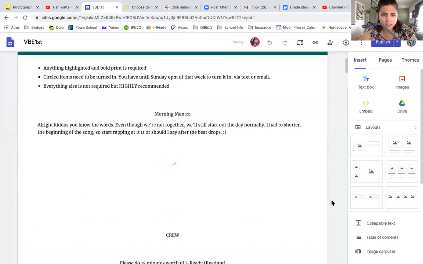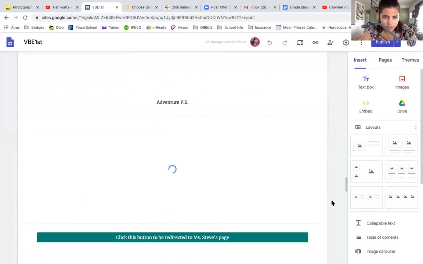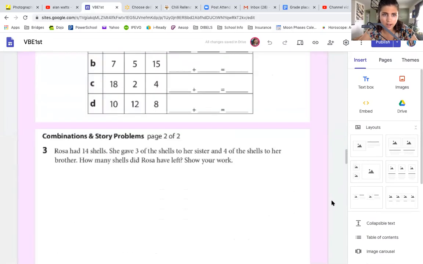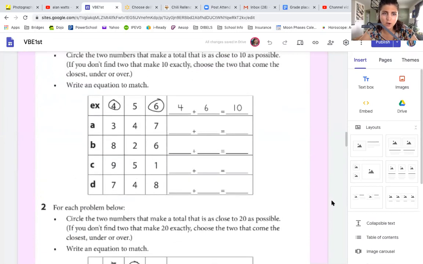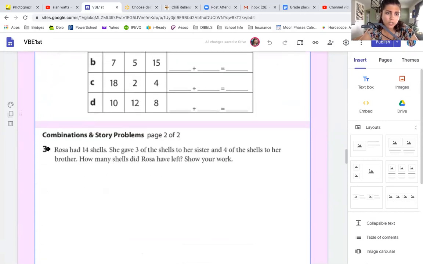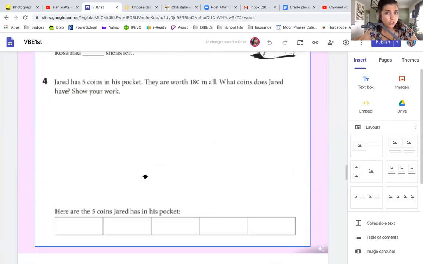It is down, down, down. All right, combinations and story problems. So what you guys are gonna do, combinations and story problems. There's 1, 2, 3, 4, just 4 problems.